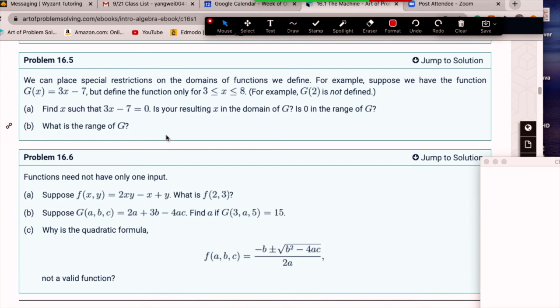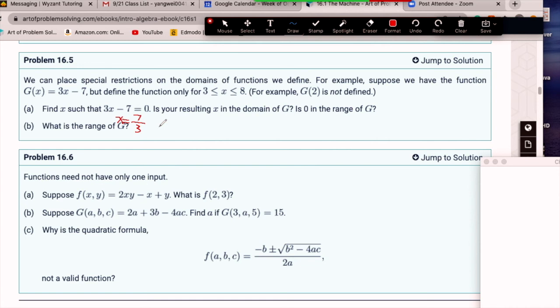Now in this case, they ask you to find x such that 3x minus 7 equals 0. That means you need to solve this equation. Adding 7 to both sides, you get 3x equals 7, then dividing both sides by 3, you get x equals 7 over 3. Now they ask, is this resulting x in the domain of G?